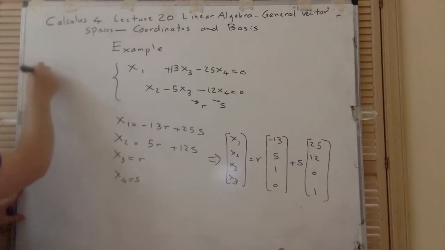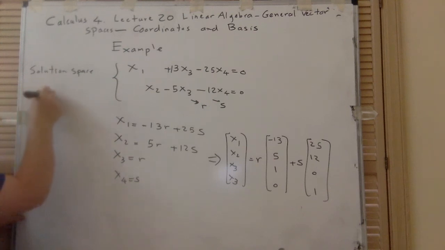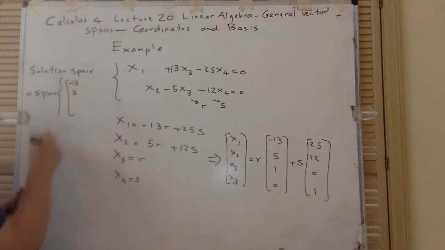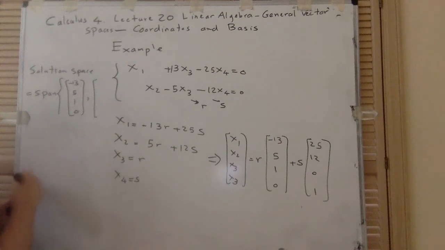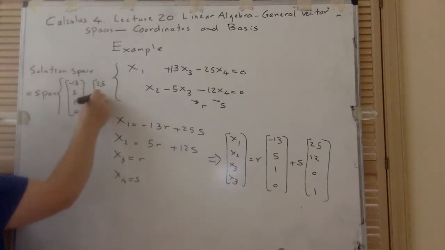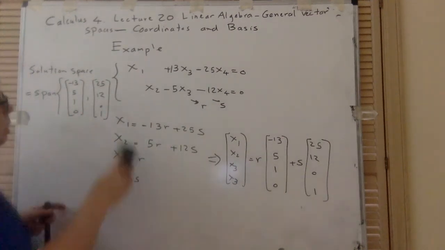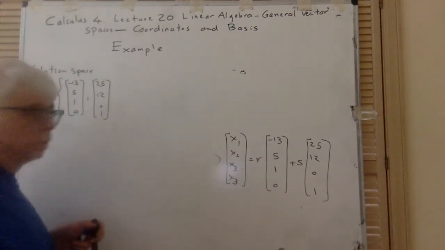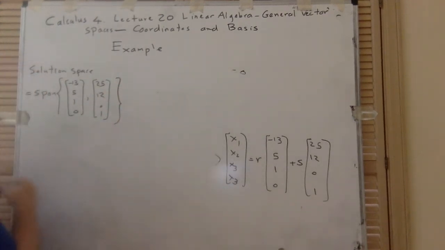So the solution space is the span of those two vectors: (minus 13, 5, 1, 0) and (25, 12, 0, 1).